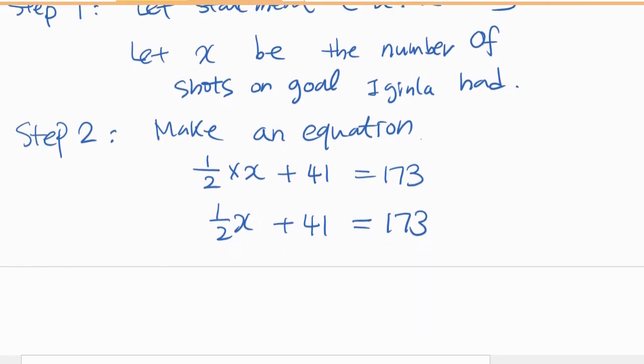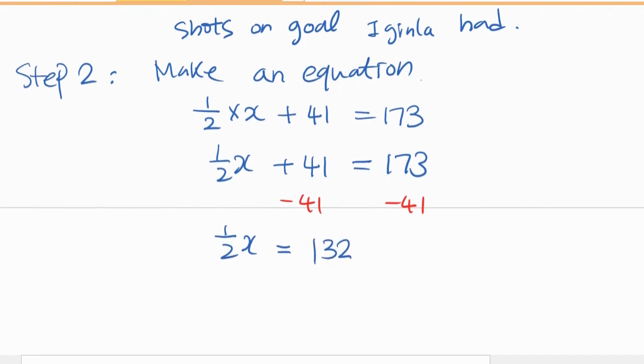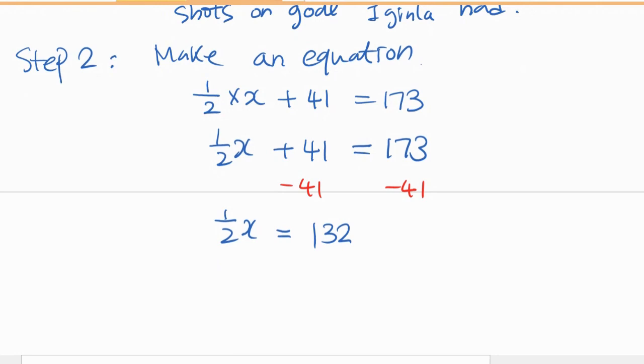All right, now we're going to solve the equation. So let's isolate 1 over 2x by subtracting 41. That is 1 over 2x equals 132. Then we're going to multiply by the reciprocal.